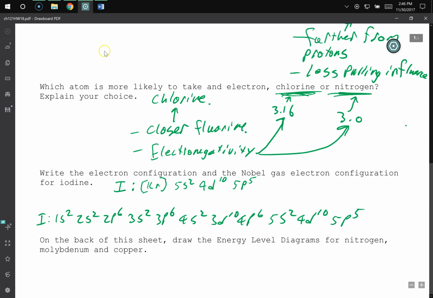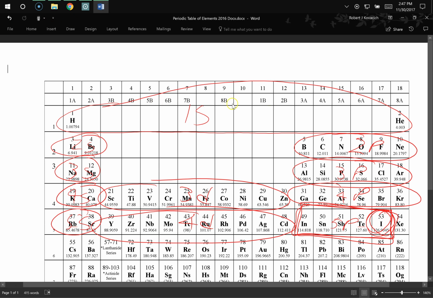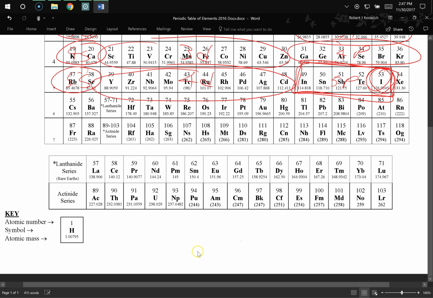All right, so now we want to draw electron configurations for these guys.